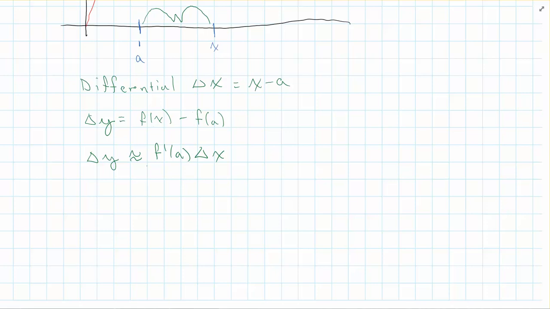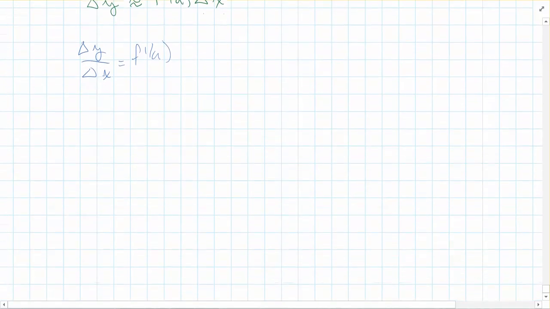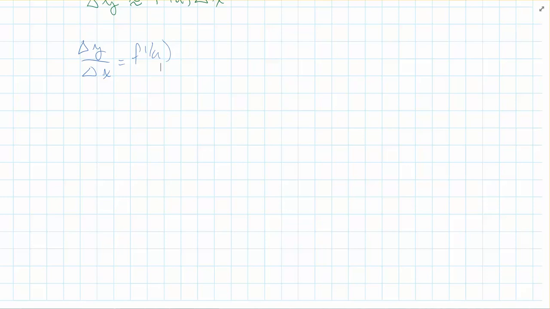You would say, I could do delta y over delta x is equal to f prime at a, and then you can do a limit, and you get derivatives equal to each other. All the things you're going to be asked to do is actually find the differential, and these should be the easiest problems on the next exam.